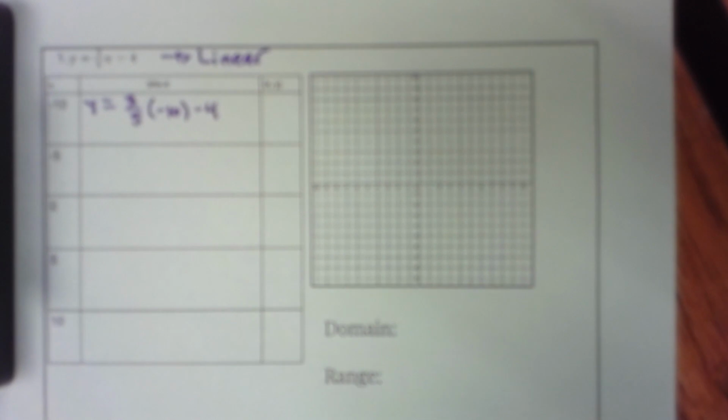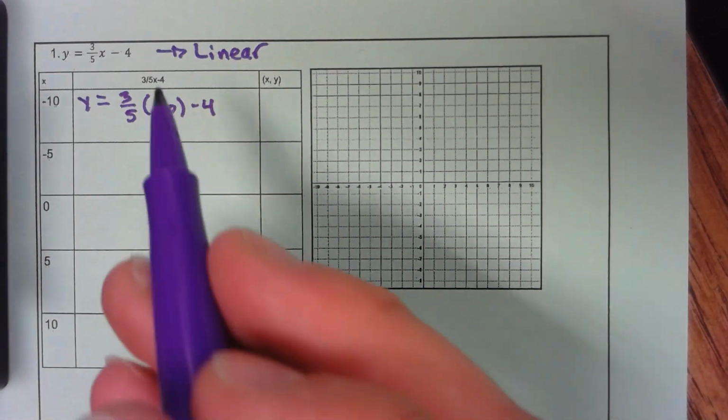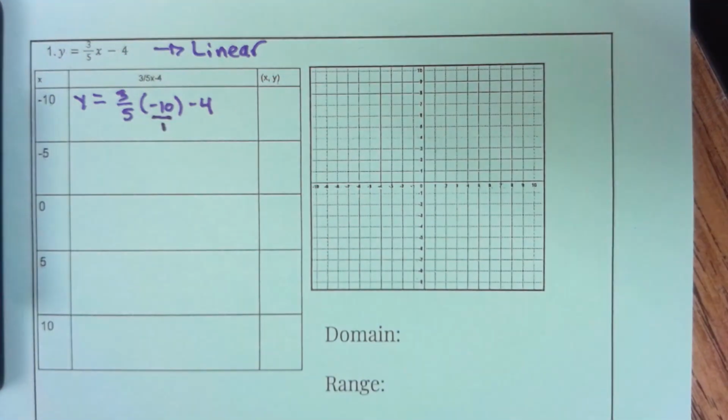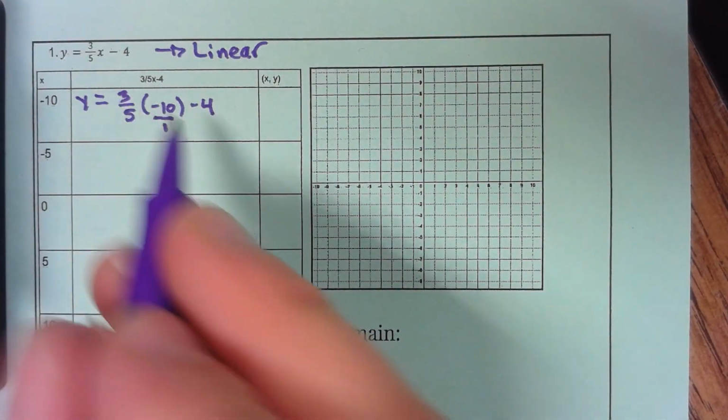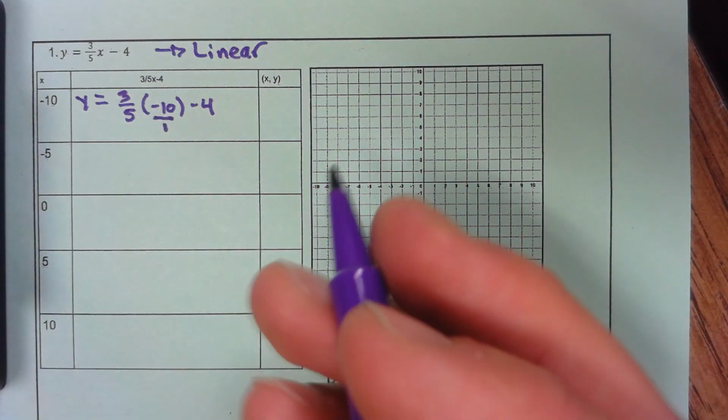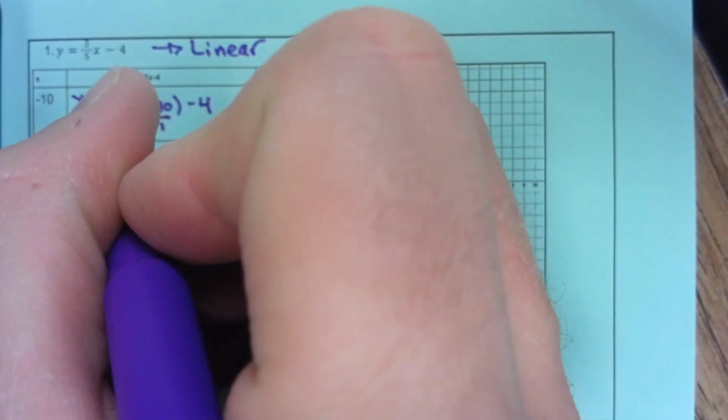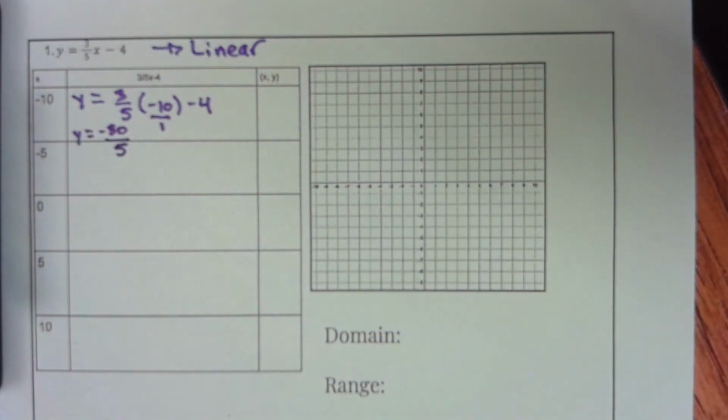Now, when we don't use a calculator, I would make negative 10 a fraction by putting it over 1. Then, to multiply the fractions, I multiply the tops together. So 3 times negative 10, that's negative 30. And then divided by 5 times 1, so divided by 5. And then we need to subtract 4 from whatever that equals.